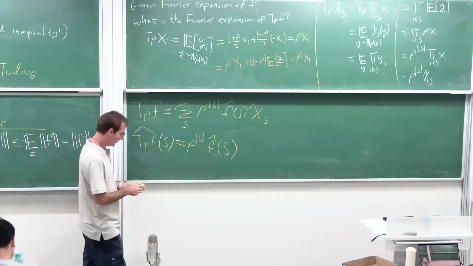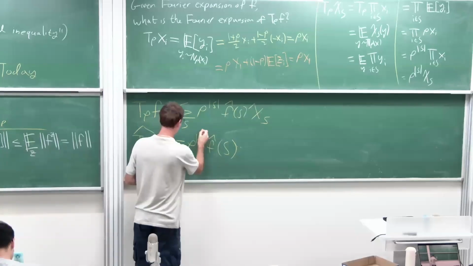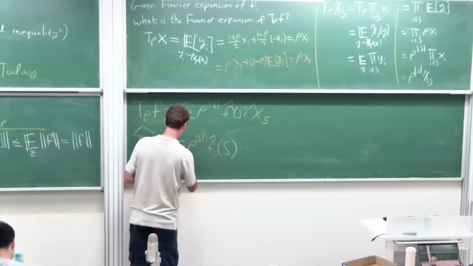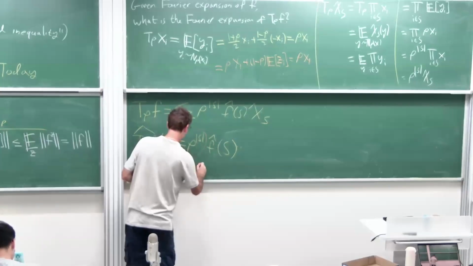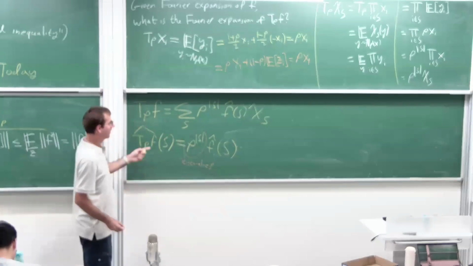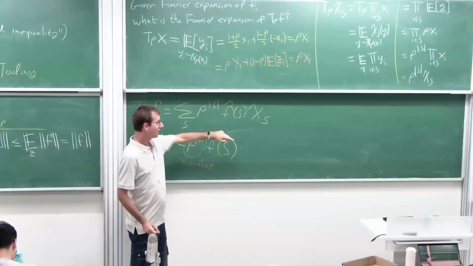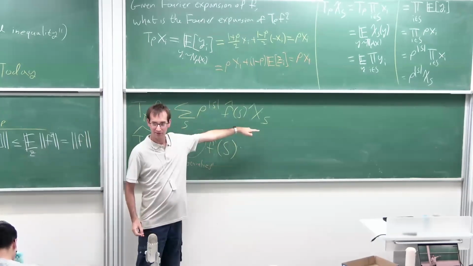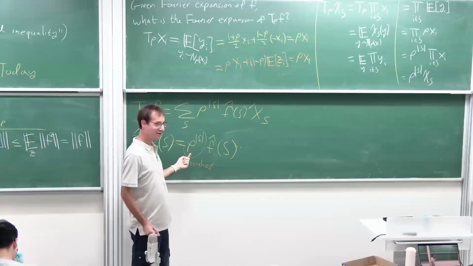We call these rho to the |S| the eigenvalues. I'm putting it in quotes, but actually they are the eigenvalues of this operator. You can see that the eigenfunctions of this operator are just these Fourier characters, and rho to the |S| are the eigenvalues.